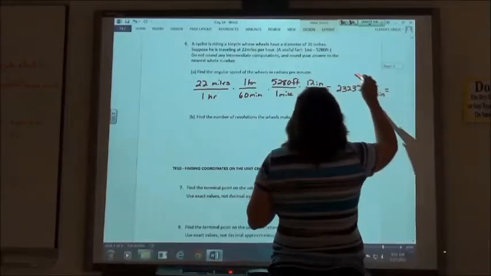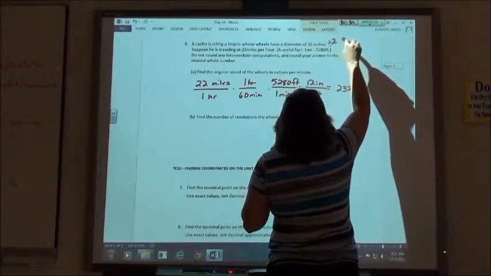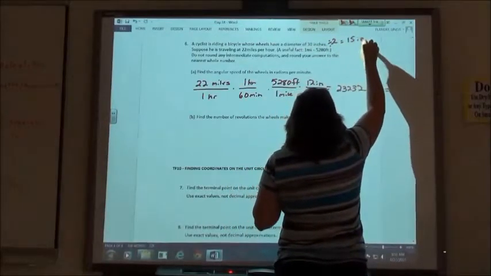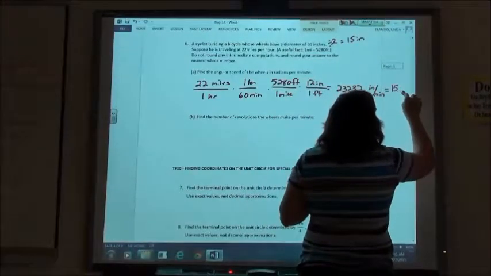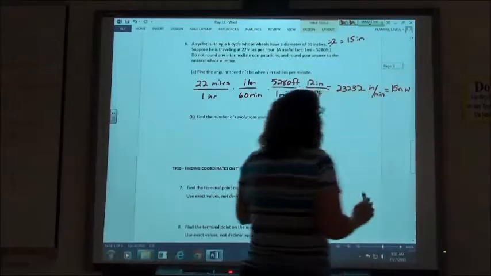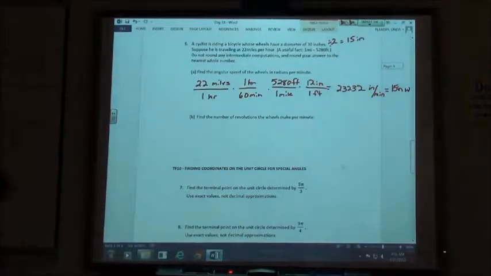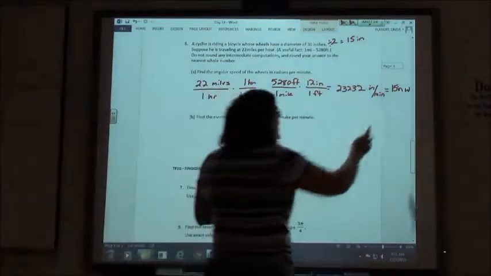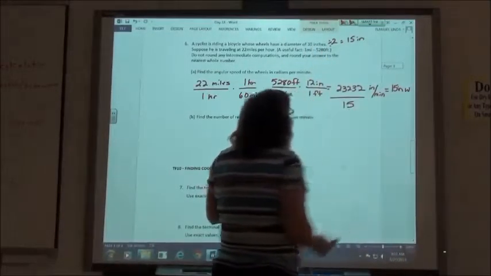We know that the diameter of the wheel is 30 inches, so if I divide that by 2, the radius is 15 inches, so we would have 15 inches times that angular speed. So what we end up having to do to change it to radians per minute is divide by that radius of 15.